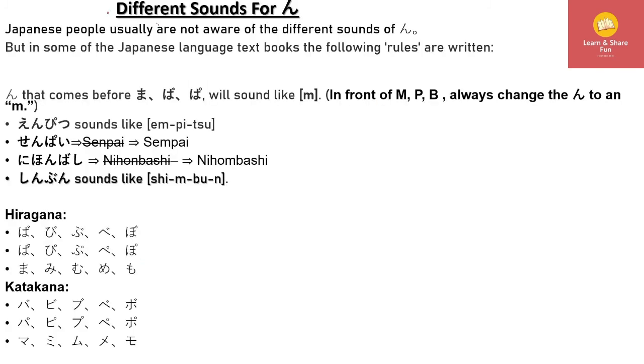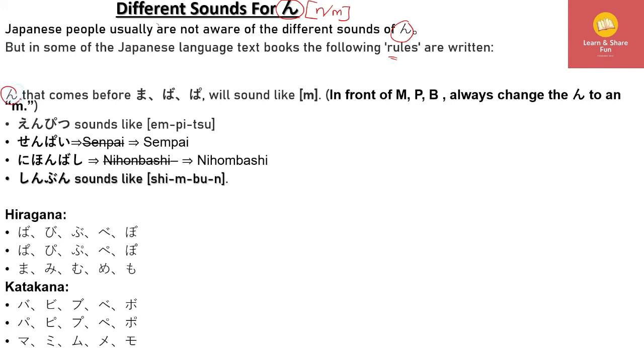Now let us understand the different sounds of this letter. Usually the pronunciation of this letter is na or ma. Japanese people are not aware of the different sounds of this letter. But in some of the Japanese language textbooks, the following rules are written.